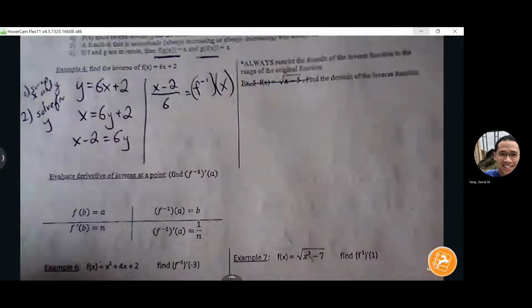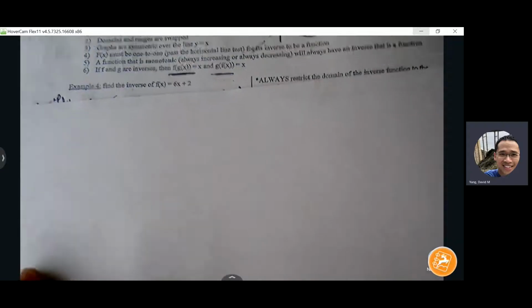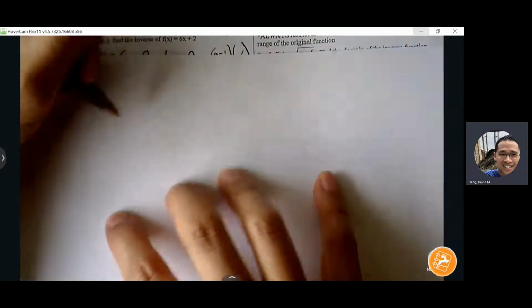Okay, so here's what I want to draw for us. I'm using a different sheet of paper so I can have more room. I'm going to have us draw this here.